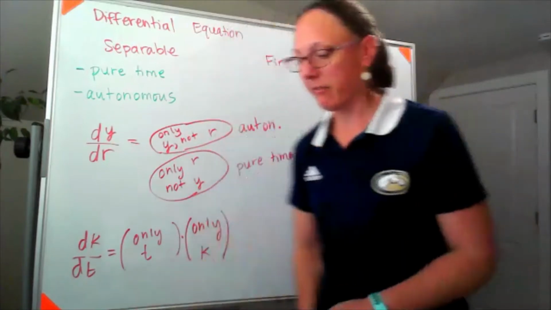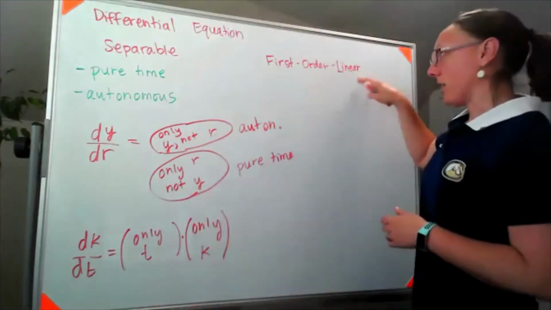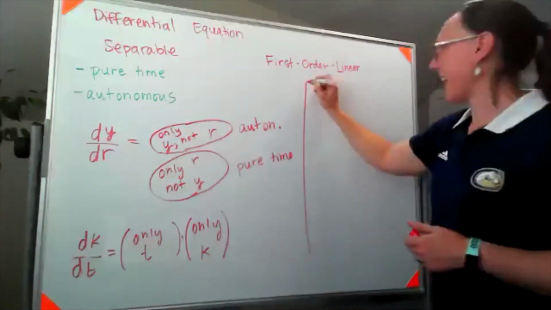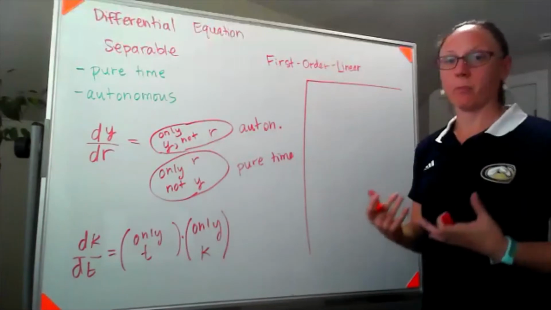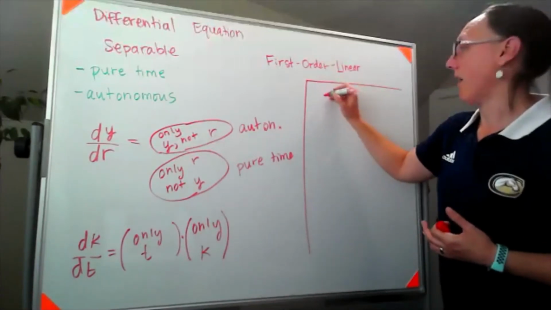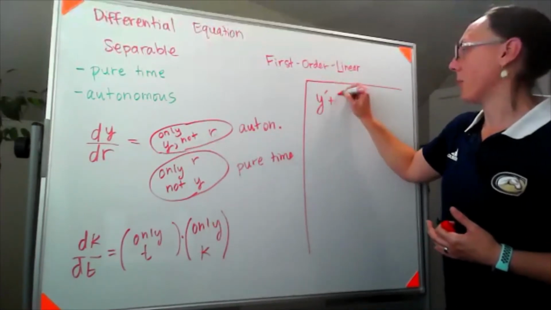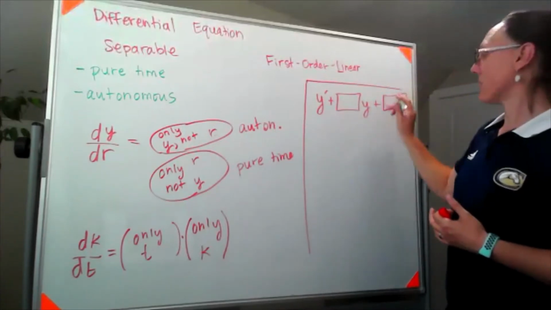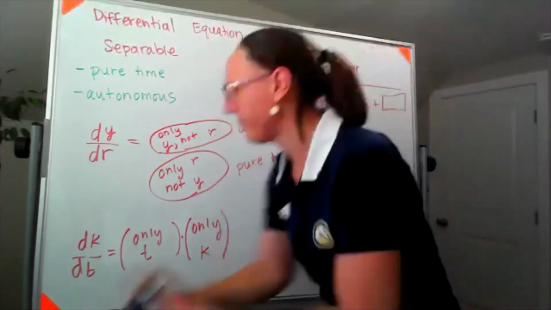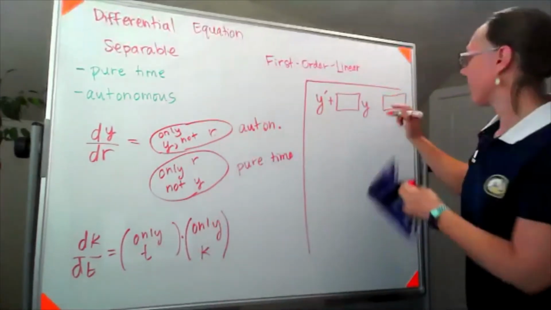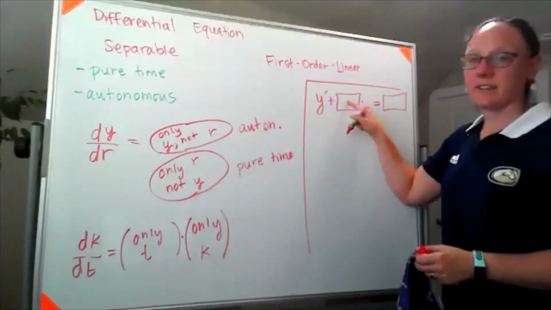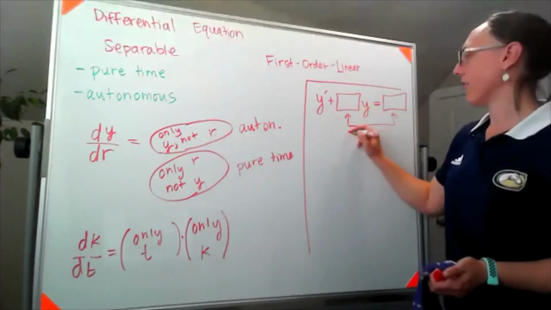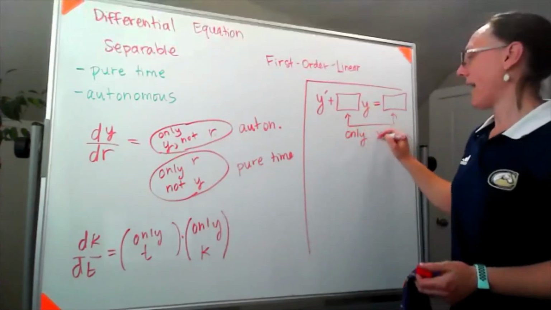Now in terms of first order linear differential equations, that is anything that can be written in the very particular form of y prime plus something times y equals something, where in general these have only x.